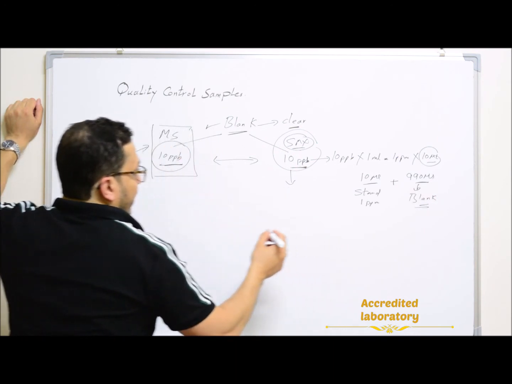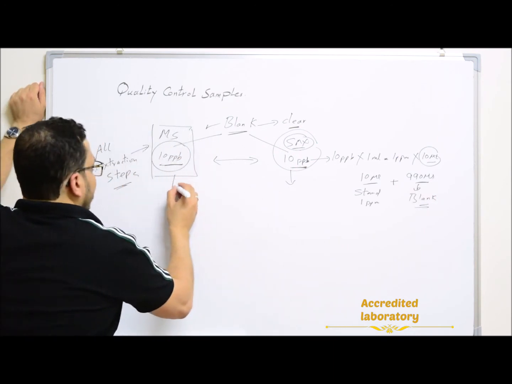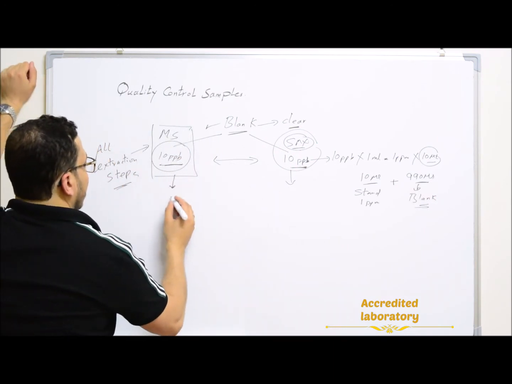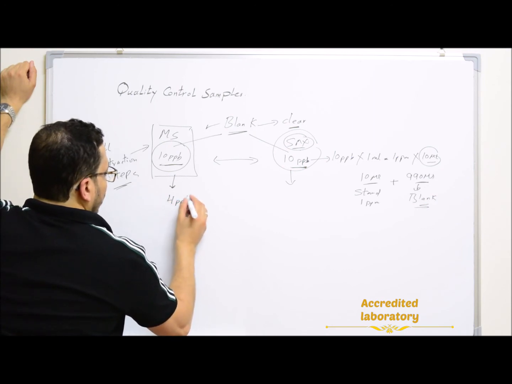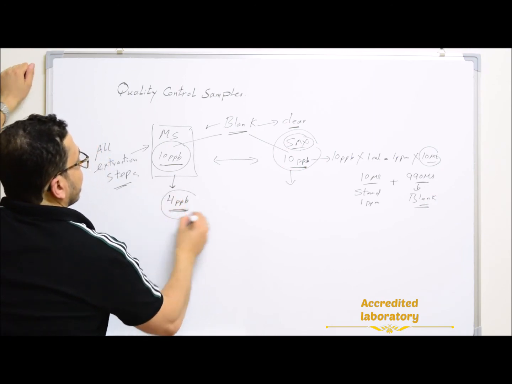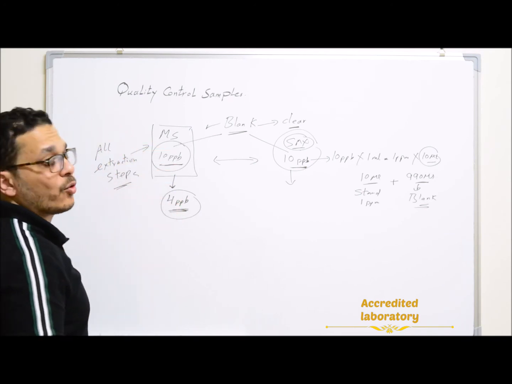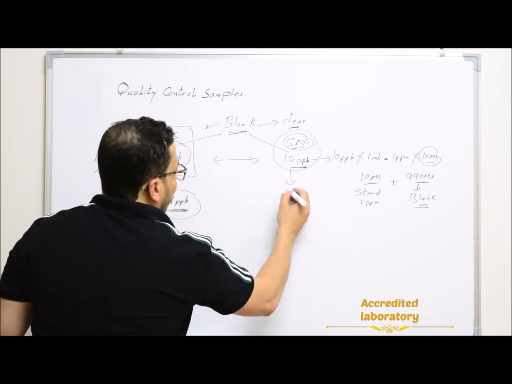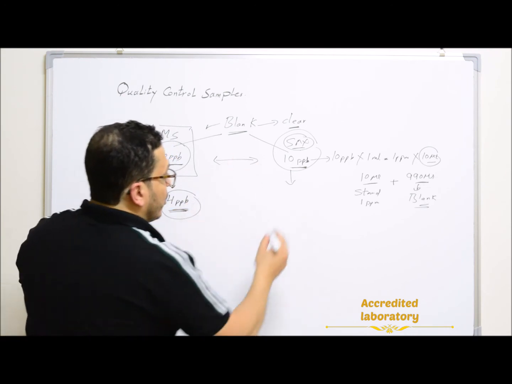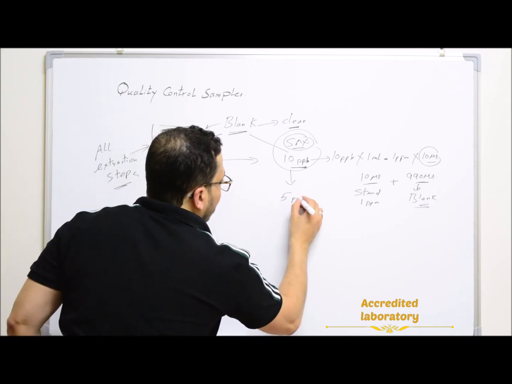After you analyze, for the matrix spike, as an example, you get 4 ppb on the instrument. The result for the matrix spike should be 10, but it came out 4 ppb. And for the standard matrix, it should be 10, and you get 5 ppb.